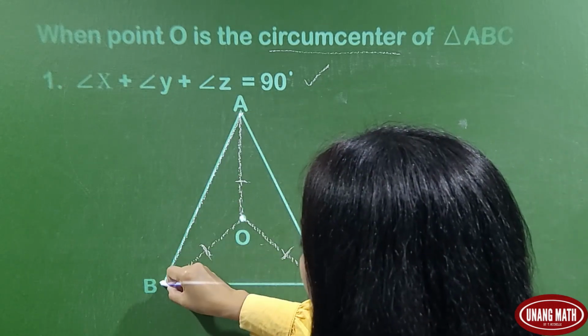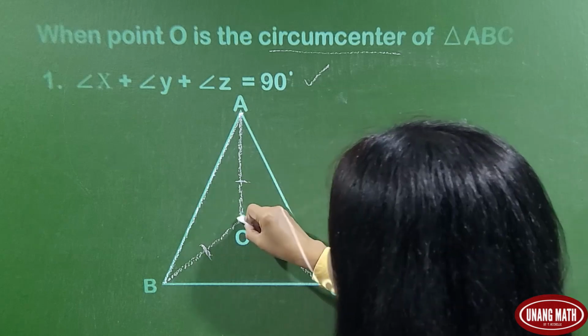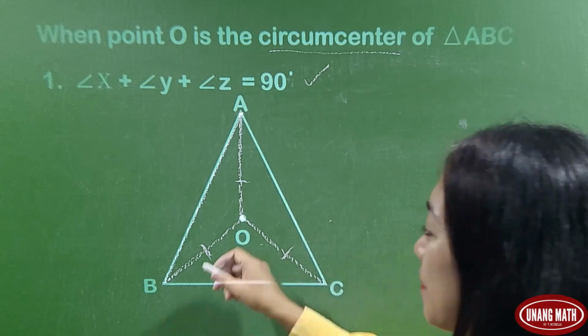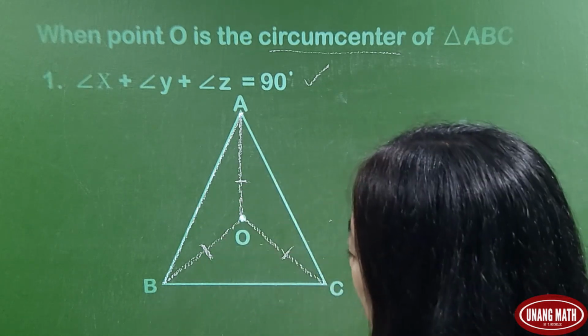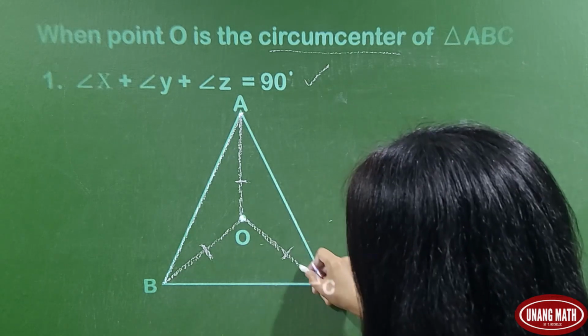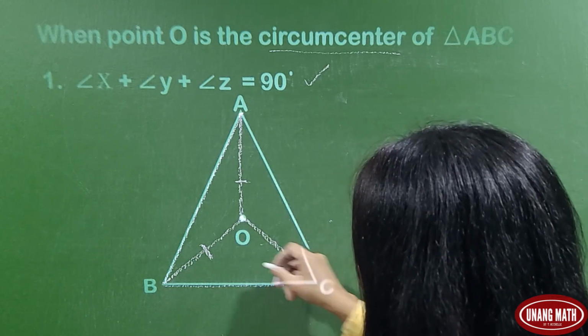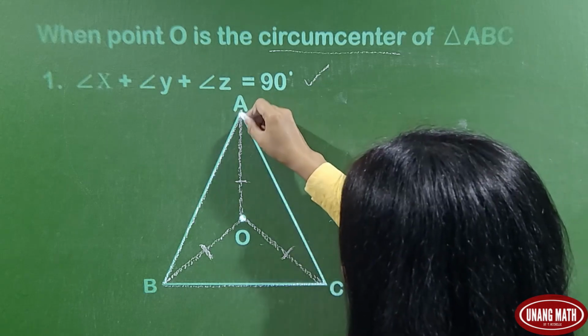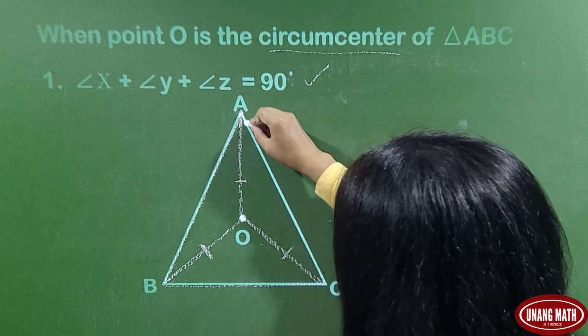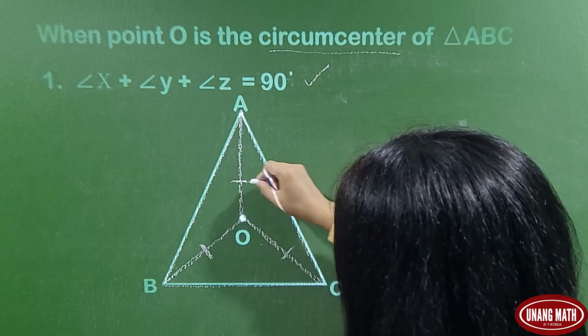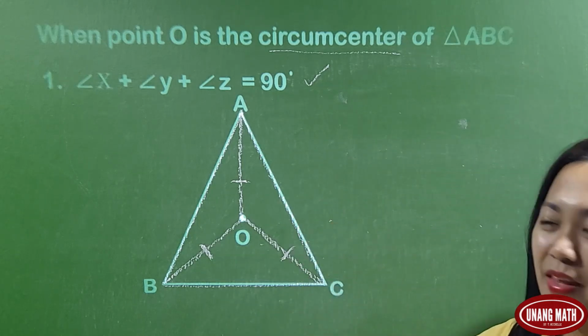So triangle BOA is an isosceles triangle because these two sides are equal. This is another isosceles triangle, BOC, because these two sides are equal. And there is another isosceles triangle here because these two sides are equal.